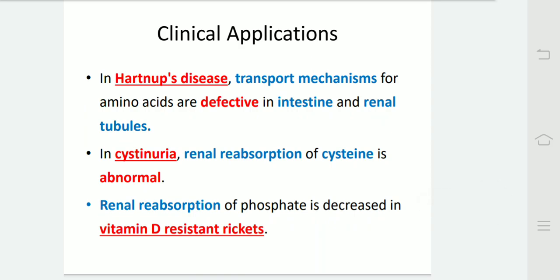Coming to the clinical applications, in Hartnup disease, the transport mechanisms for amino acids are defective in the intestine and renal tubules. In cystinuria, the renal reabsorption of cystine is defective. Renal reabsorption of phosphate is decreased in vitamin D resistant rickets.